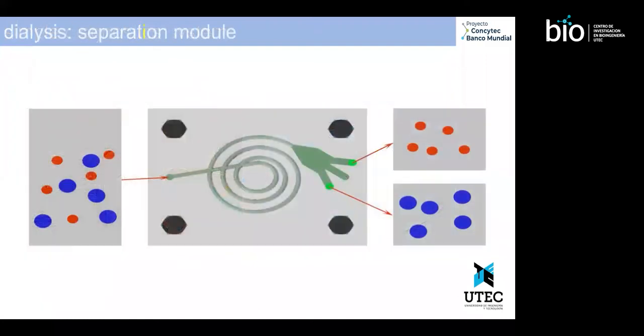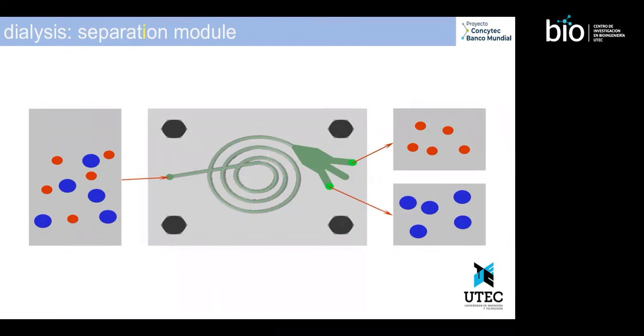And to do the dialysis, the separation of the red blood cells from patients, we have, as you saw before, the spiral, with the mix coming in, and we separate it at the end, at the outlets. So this is a module for a spiral, which you see in the center. And you saw it was quite small.